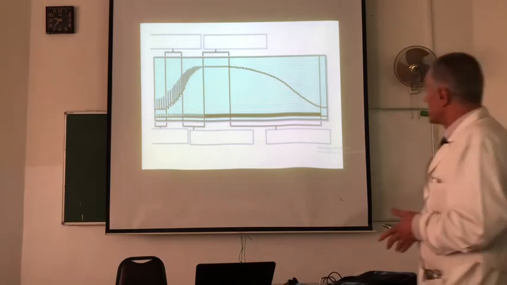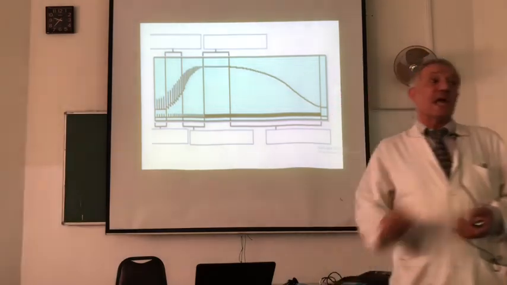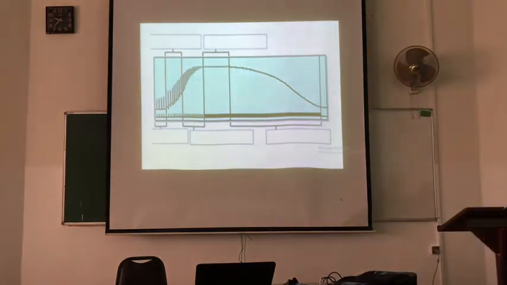Okay, so one more thing you have to note on this slide with regard to this recording. As you see here, that's the amplitude after the first stimulus. Now the second stimulus comes, giving the same amplitude or higher amplitude.